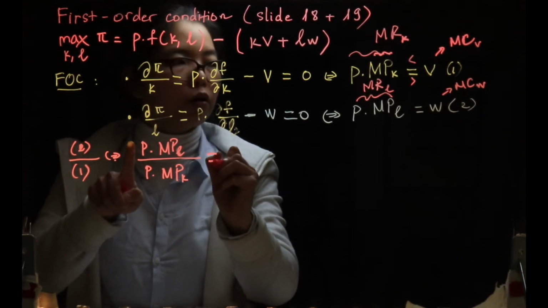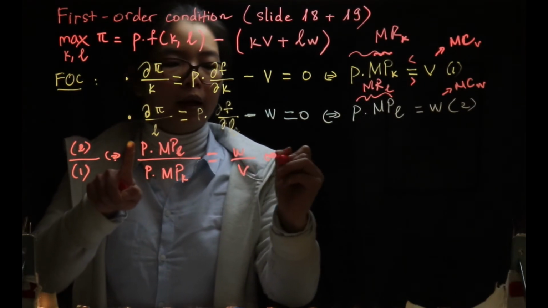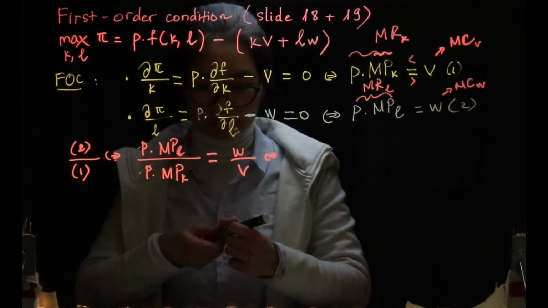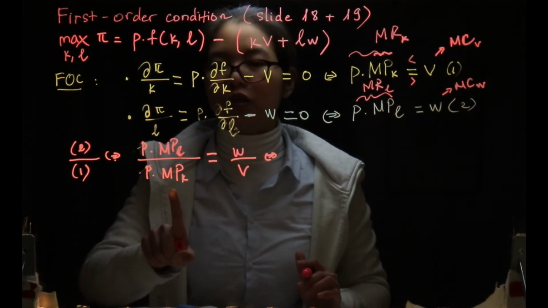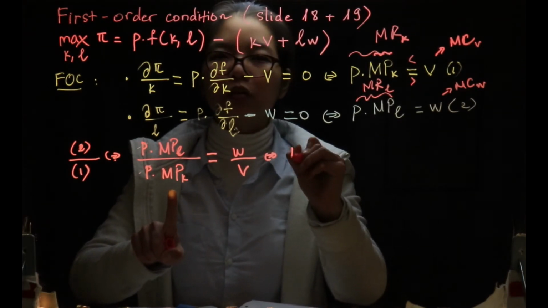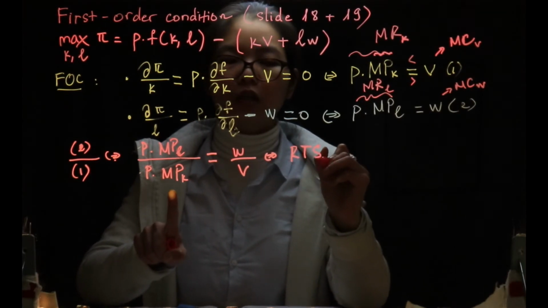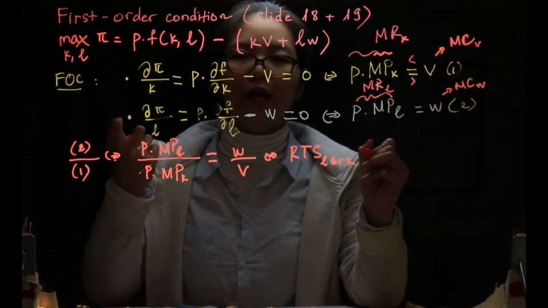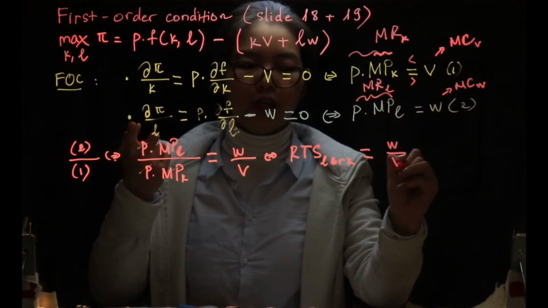Equals W over V. Now, we can already simplify P here. So what remains? MPL over MPK. You still remember what it is? It is the marginal rate of technical substitution of L for K, right? We had that in the cost minimization, equals W over V.